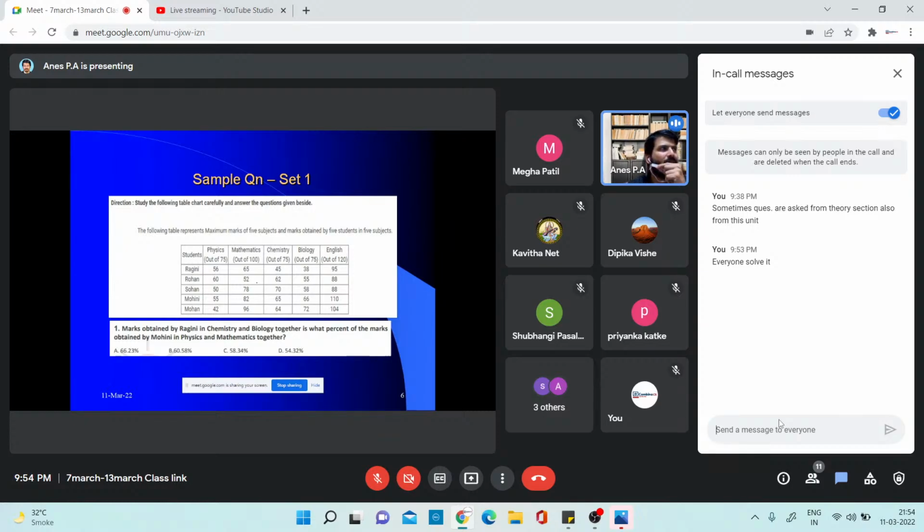Actually, in all the years we see it asks table format. So here we can see some students: there are 5 students and their subject marks. Physics out of 75, mathematics out of 100, chemistry out of 75, biology out of 75, English out of 120.